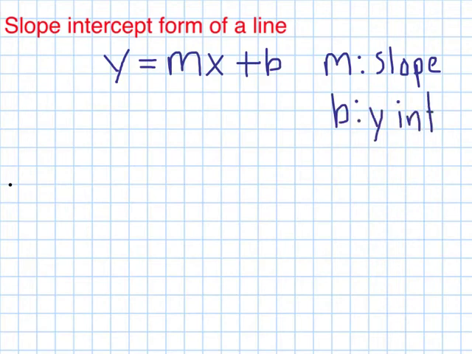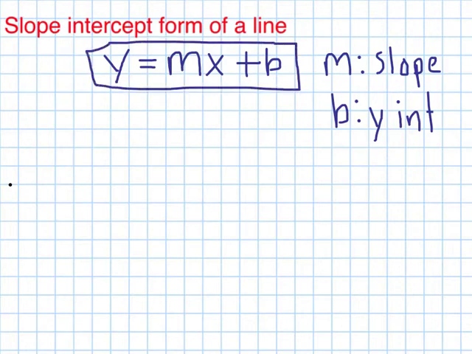That means where it crosses the y-axis. So what you can do is, if you have this equation of the form and you understand what slope means, rise over run, then you can graph a line really fast using the slope.